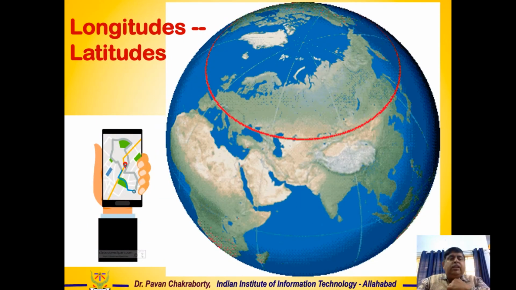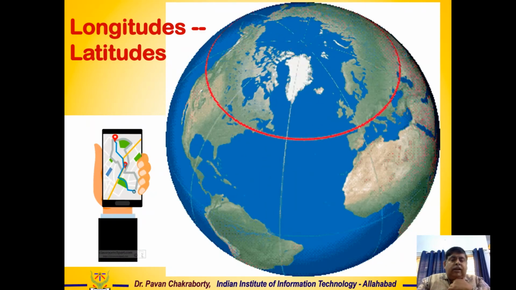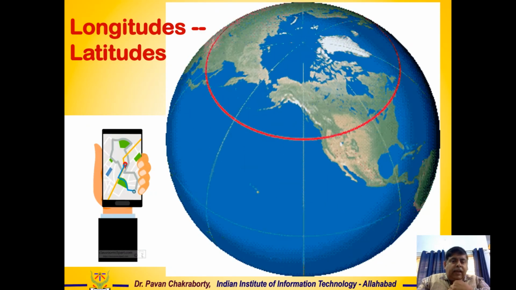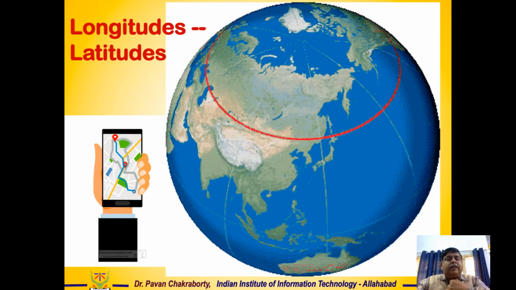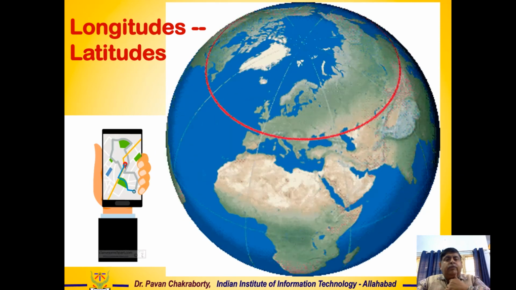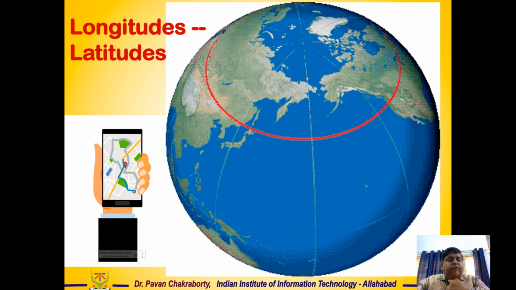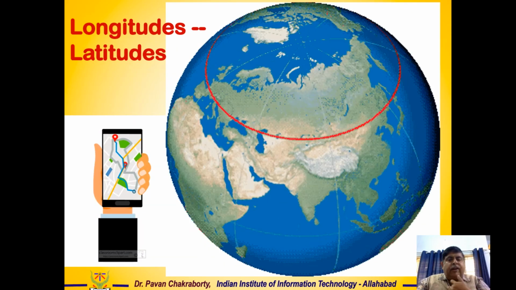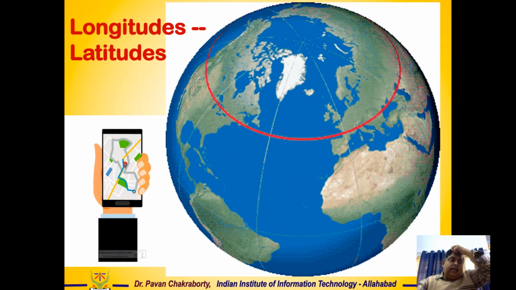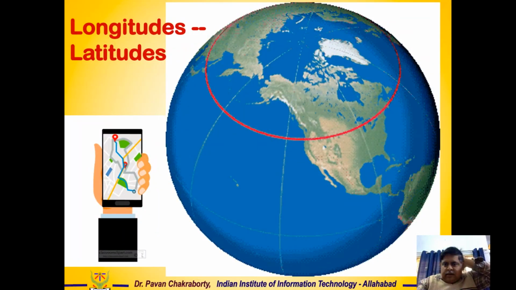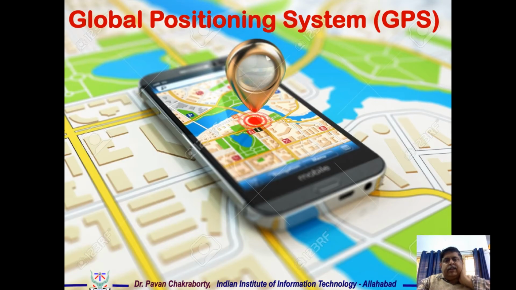So here you see a particular latitude which has been marked in red, which is maybe above the Tropic of Cancer. So it tells you a location of the latitude of the Earth.